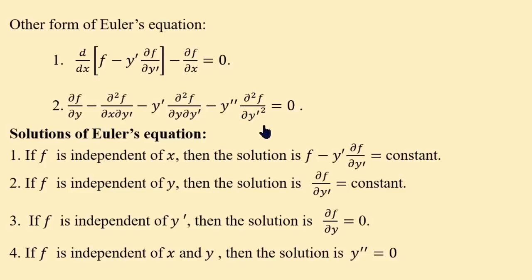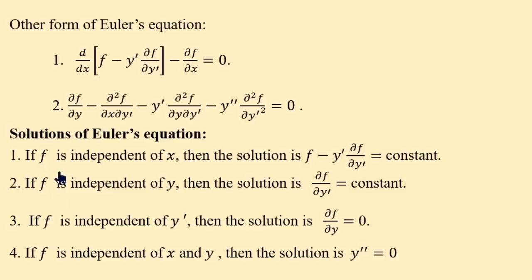But dou square f by dou y dash square cannot be 0, therefore y double dash is 0. Therefore the Euler equation becomes y double dash is 0. Immediately you integrate, you get a straight line. If f is independent of x and y, y double dash equal to 0 is the Euler equation. So this is a shortcut method to find the extremum of the functional, depending on f.